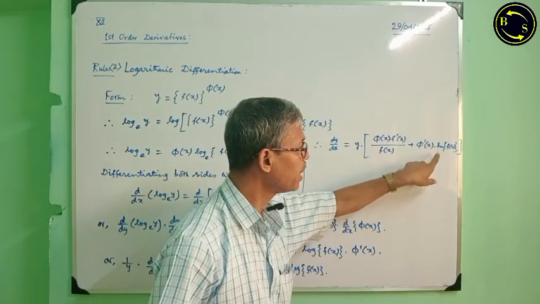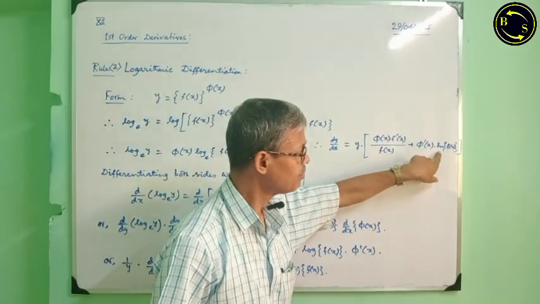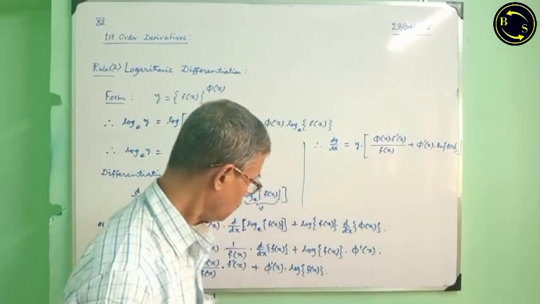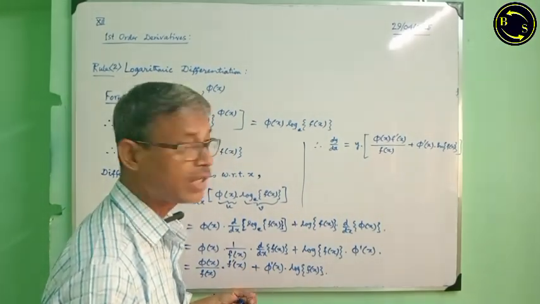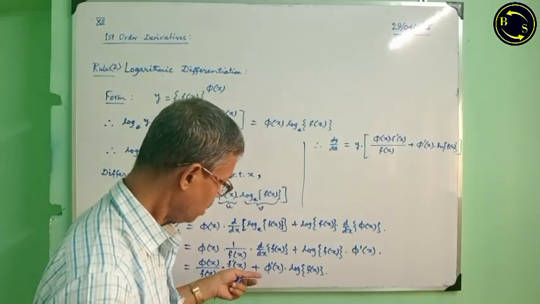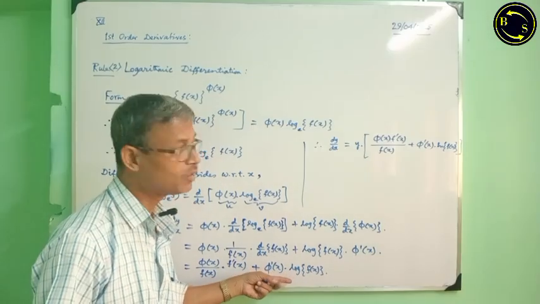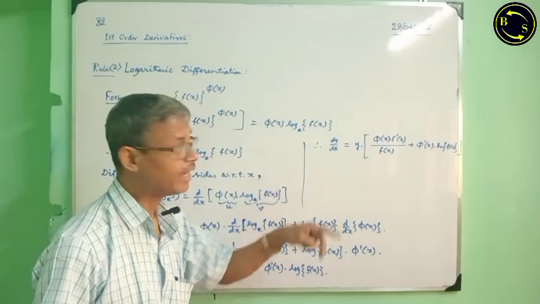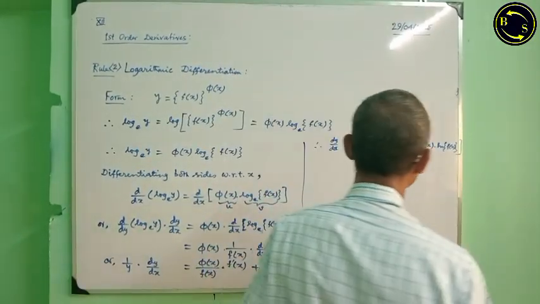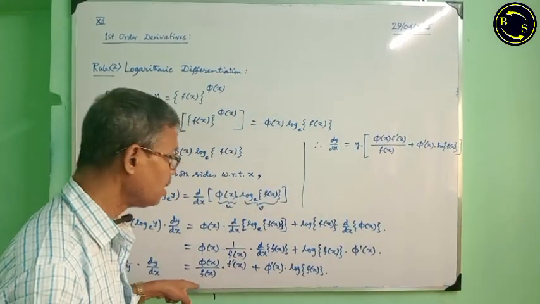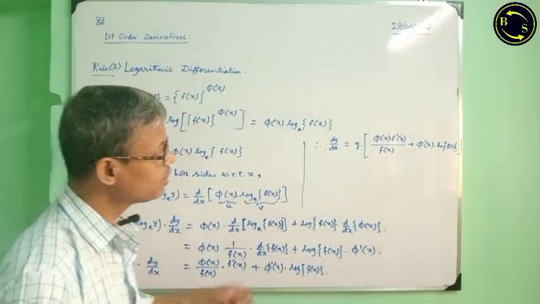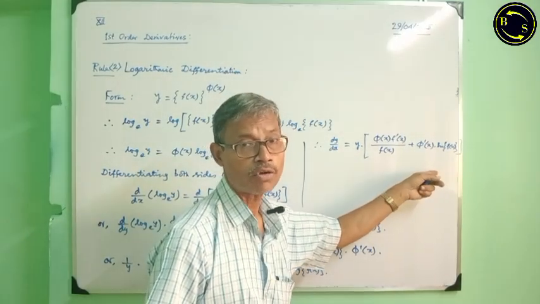You see, I have used ln. Already I have discussed earlier, when the log base is e, that means natural logarithm. In place of log base e, we use the symbol ln. Now you can replace y if it is required, otherwise you keep this in this form.